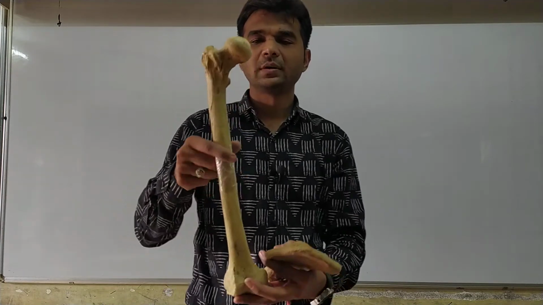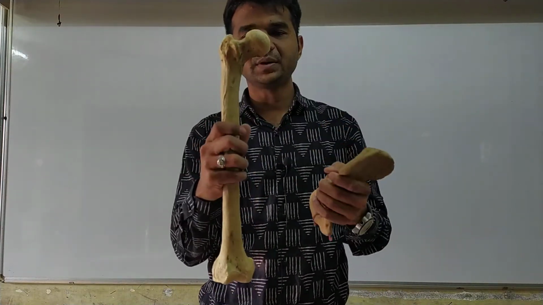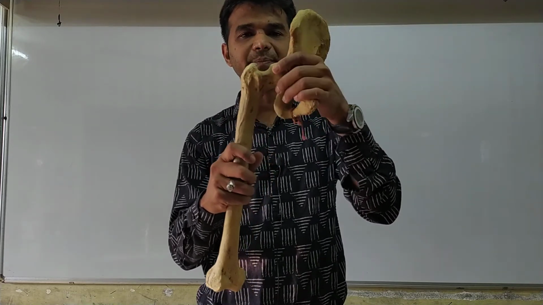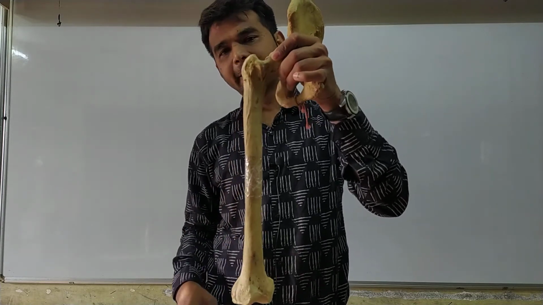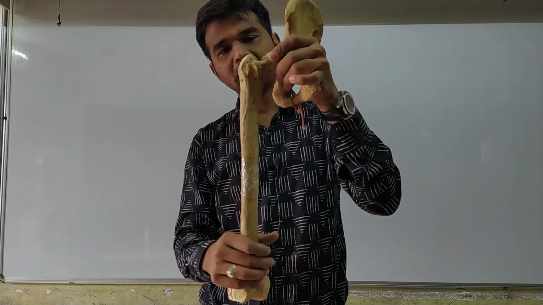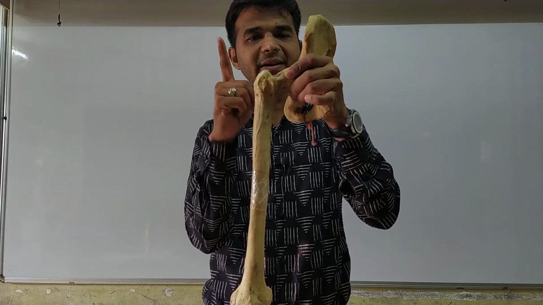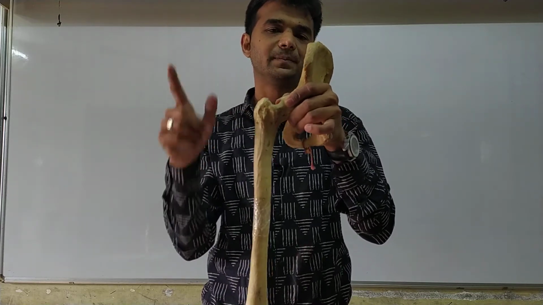The ball of the femur articulates with the socket of the hip bone. But you see properly that in the femur, this is the neck. So it is very common to break this neck in an aged person.